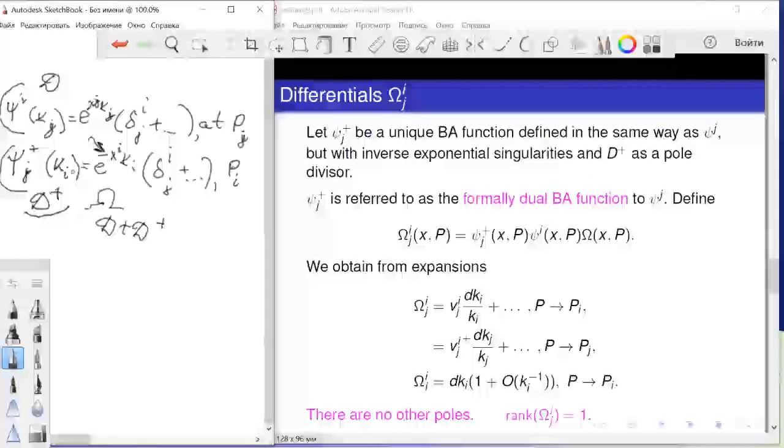Okay, this set of Baker-Akhiezer functions is called formally dual to the first set of Baker-Akhiezer functions. The functions with the cross are formally dual to functions without any cross.